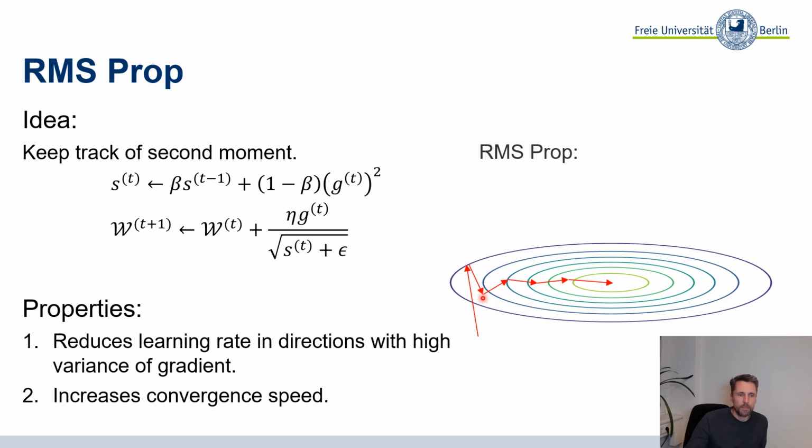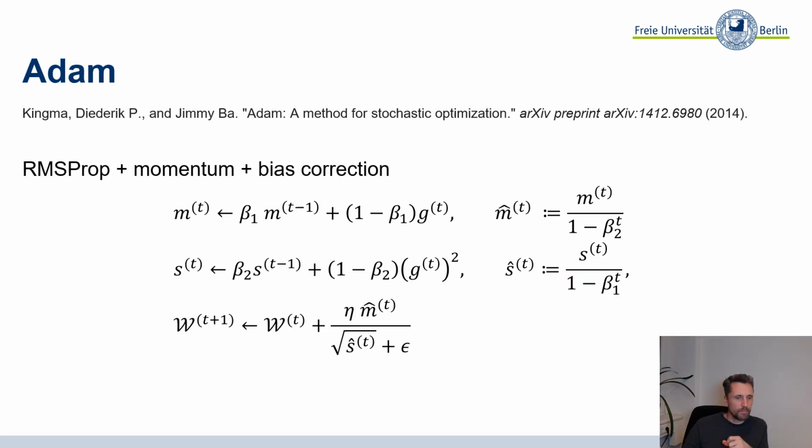And loss landscapes like we see here, where the gradient does not point to the correct minimum, but somehow perpendicular, yeah, RMS-prop has been shown to work really, really well, quickly converging to the correct locations.